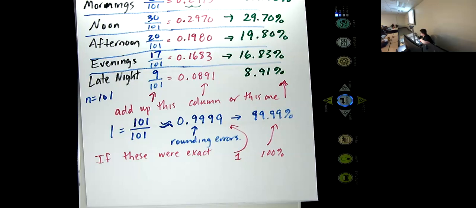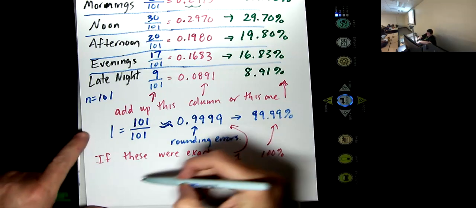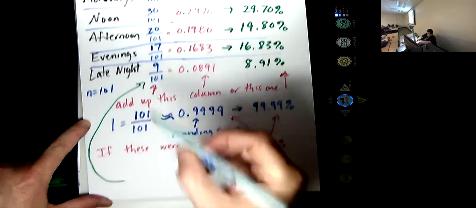But a lot of people, when they look at the decimal, don't realize it's representing a proportion, because that's what the numbers on the left are called here. These are called proportions.